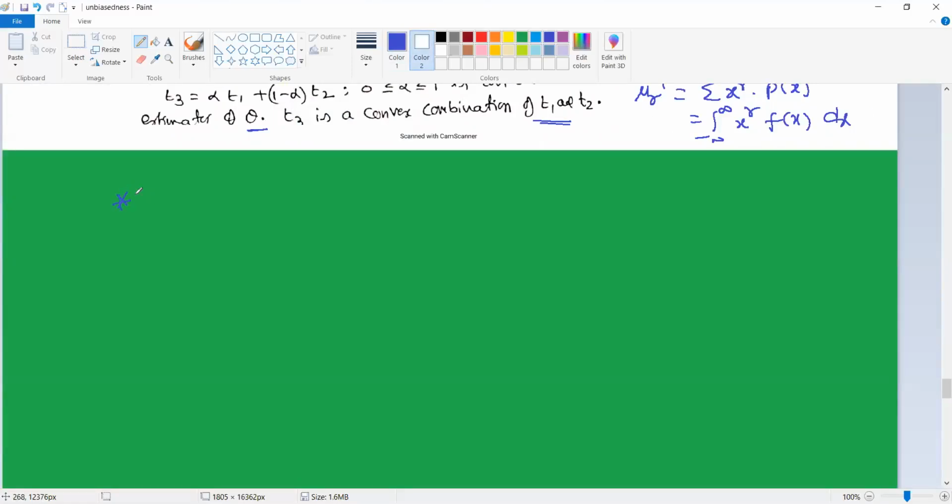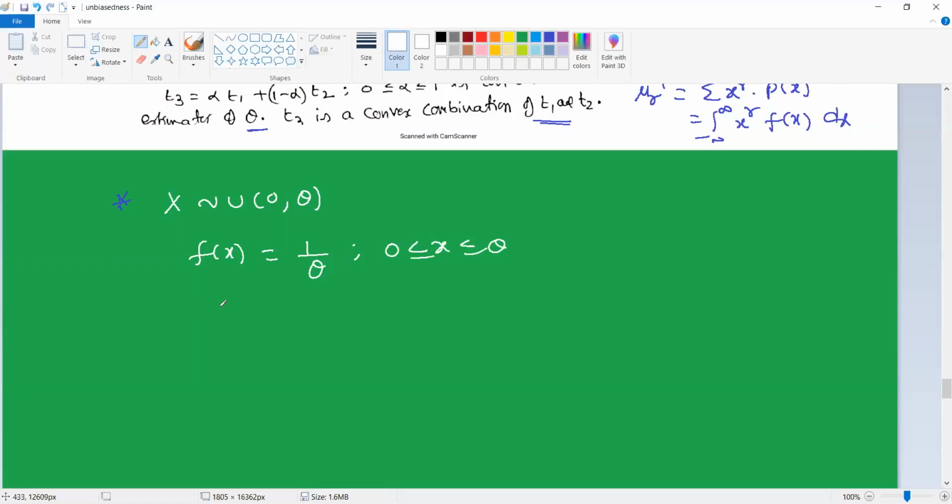One more example. X follows uniform distribution 0, comma theta. So now f of x is equal to 1 by theta, where x lies between 0 less than or equal to x less than or equal to theta.